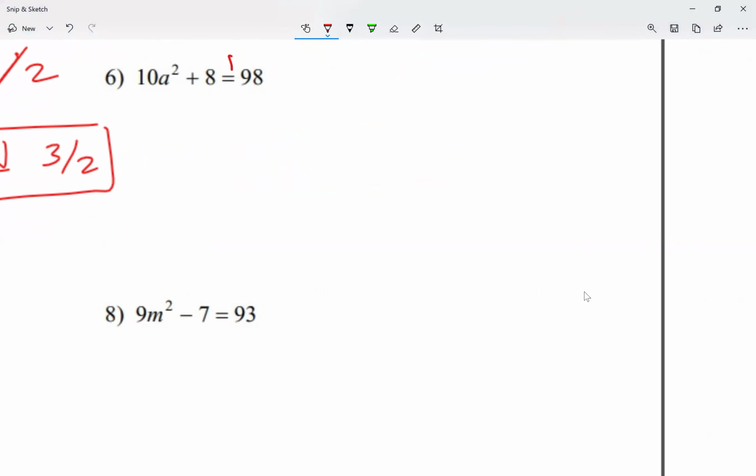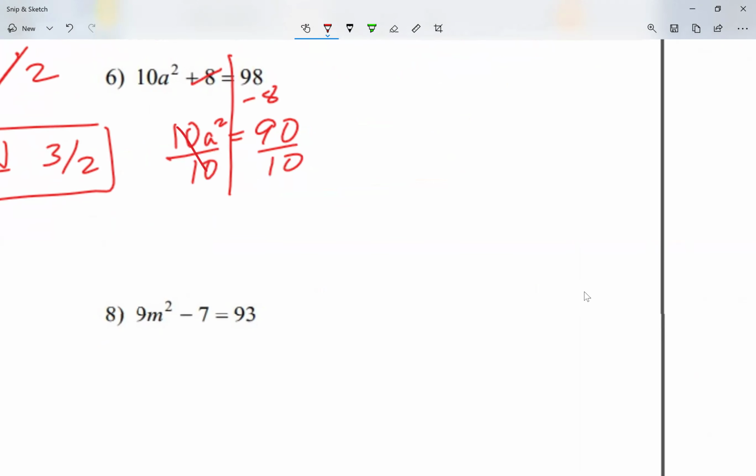Let me separate them through the equal sign. My +8, let me move it to the other side as a -8. So that gives me 10a² is equal to 90. All right, 98 minus 8, that's where I got the 90. To get the a² by itself, let me divide both sides by 10. 90 divided by 10 happens to be 9.